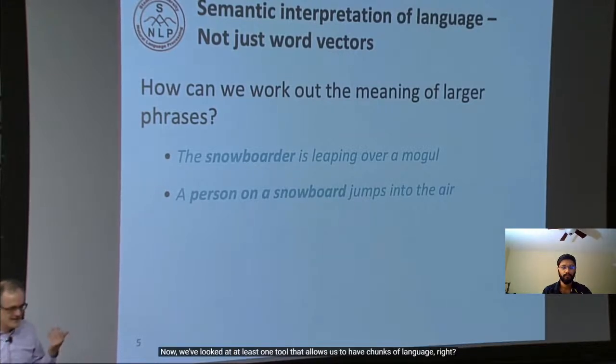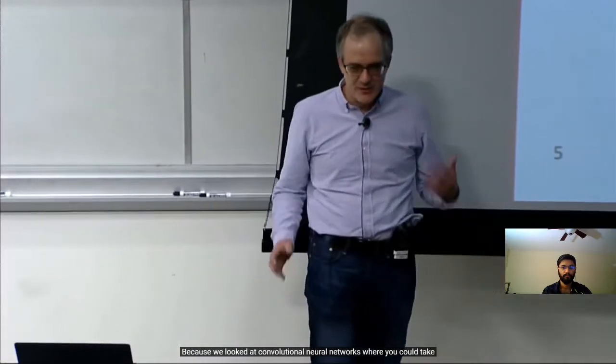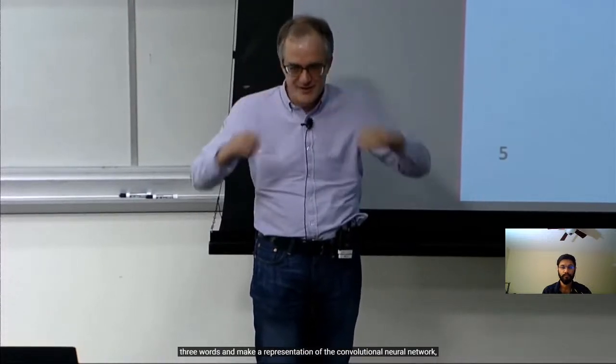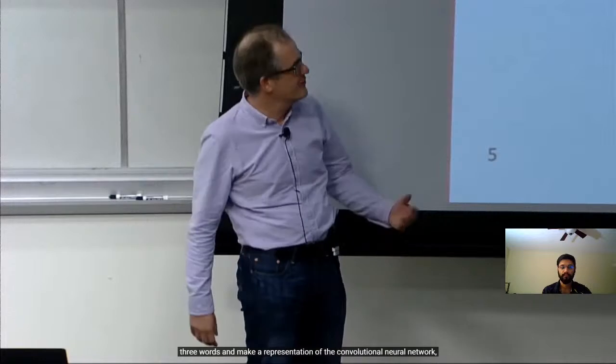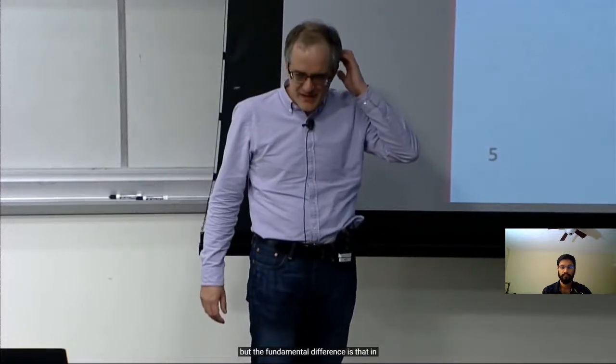Now, we've looked at least one tool that allows us to have chunks of language, right? We looked at convolutional neural networks, where you could take 3 words and make a representation. But the fundamental difference is that in human languages, you have chunks that have meaning and are of different sizes.